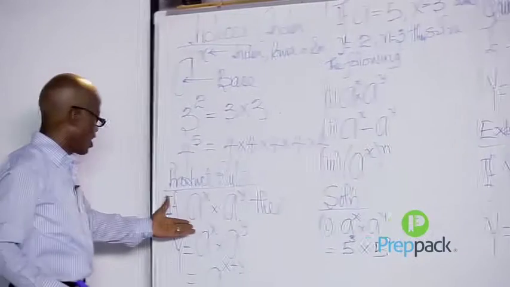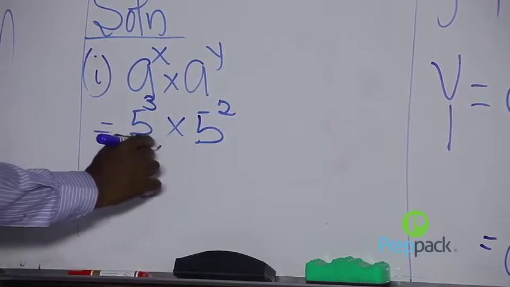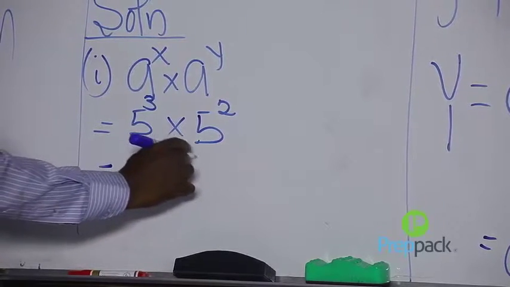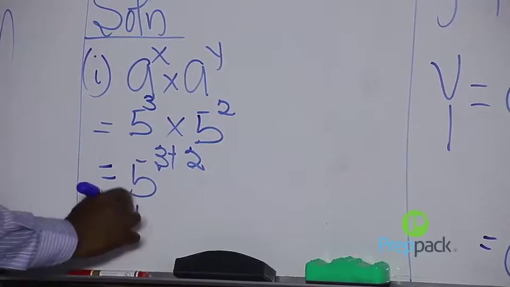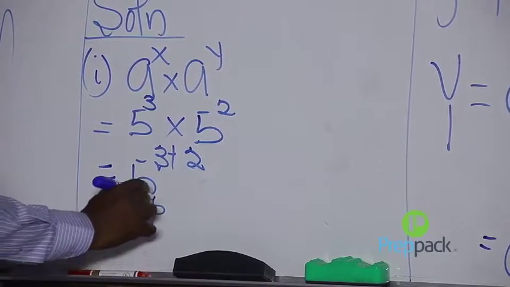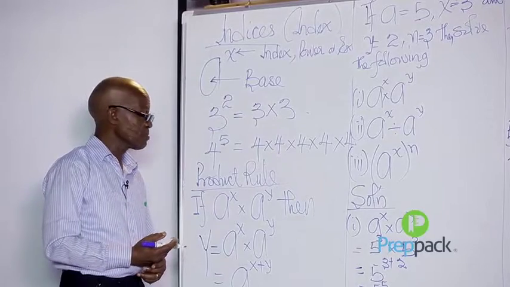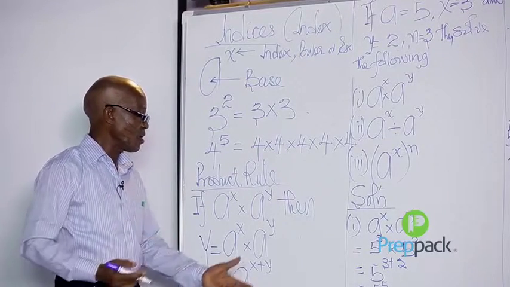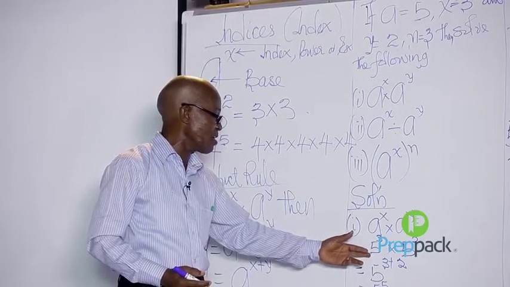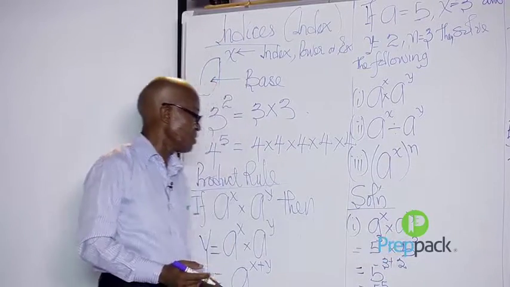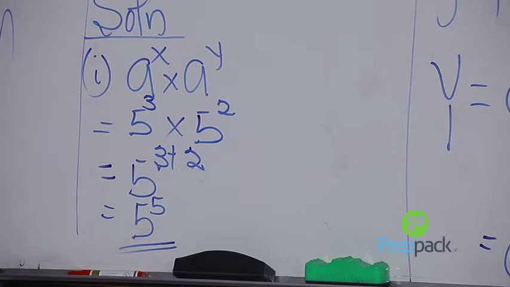And applying the first rule, we have 5 raised to power 3 plus 2, and this becomes 5 raised to power 5. We can leave the answer like this. Of course, if we multiply this up, this is 125 multiplying 25, and we get the same answer as what we have put on the board.